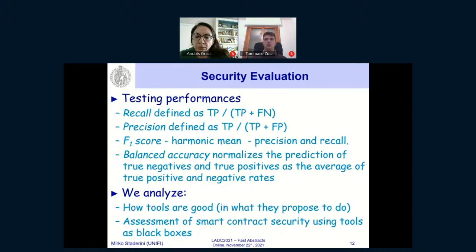So, using these performance indicators, we can analyze how good tools are at what they propose to do, considering only what they can detect, and then we can evaluate smart contract security using tools as black boxes.